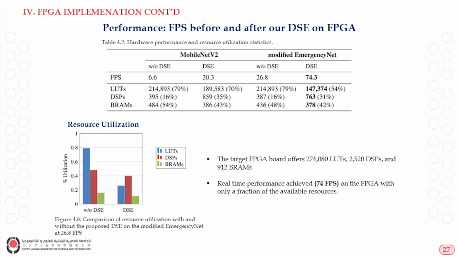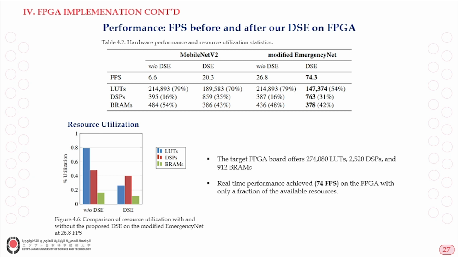In the FPGA there are three resources: the lookup tables, the BRAMs, which are like memories, and the digital signal processors that perform the multiplications. When we compare before and after the design space exploration, we were able to increase the inference speed of emergency net from 26 frames per second to 74 frames per second.